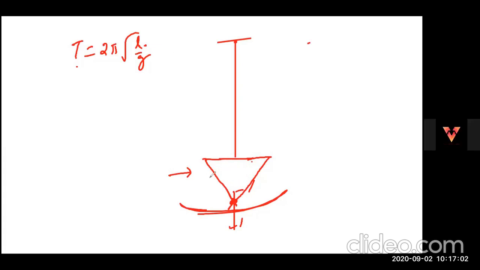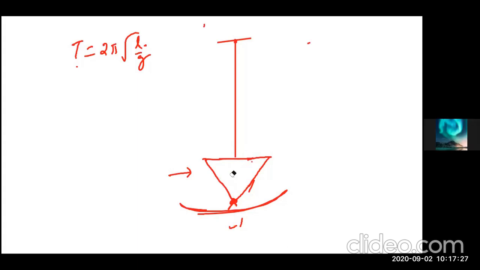Then more mass distribution comes to this area. This is almost empty. Then what will happen to the center of mass? Will it be in the same place? No, sir, it will come down. So the effective length will increase, right? Then the time period will increase. Finally, this water will completely empty.